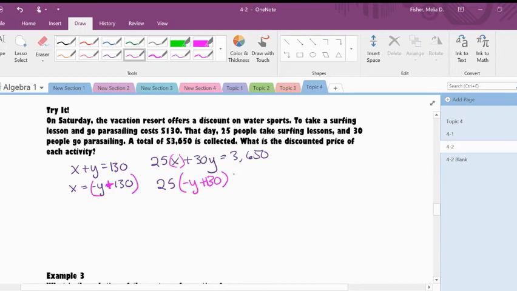My goodness, today. And then we still have the plus 30y equals 3,650. The distributive property leaves us with negative 25y, and then 130 times 25 is 3,250.